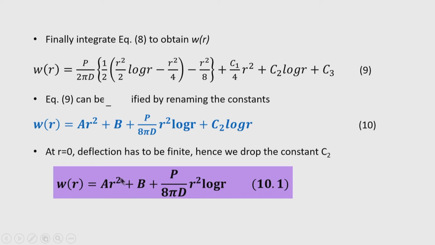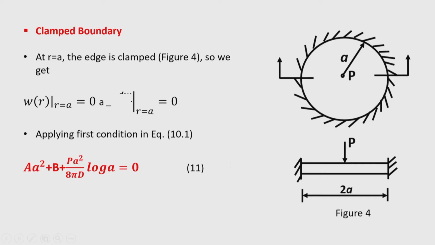So, this is the final expression for the deflection. Now, with this expression, that is, a concentrated load acting at the center, we can proceed to evaluate the value of deflection, bending moment, etc., based on the boundary condition. Now, first let us consider a clamped boundary, that is, the plate is clamped or welded at the periphery.